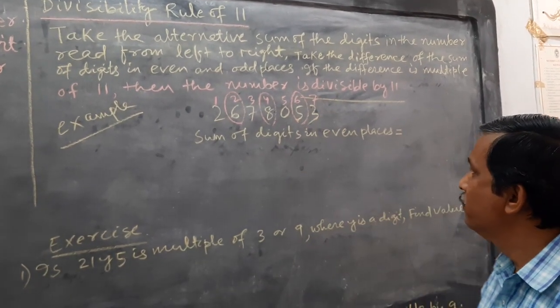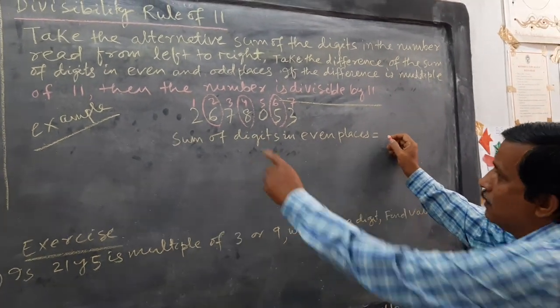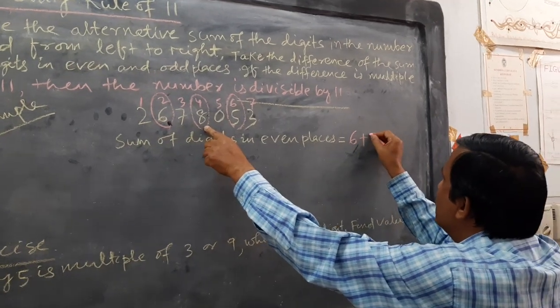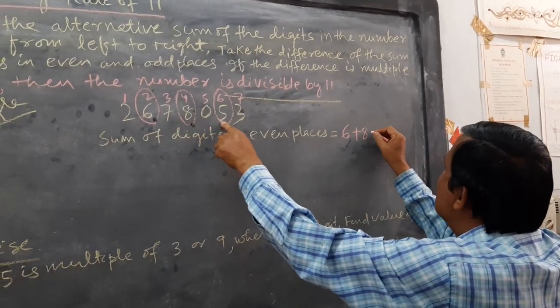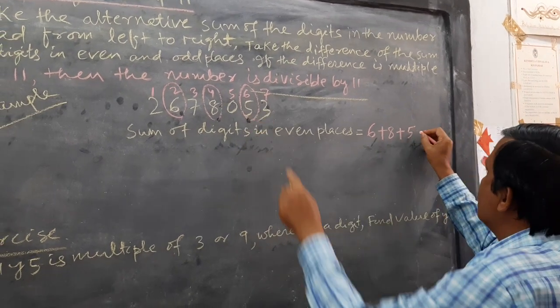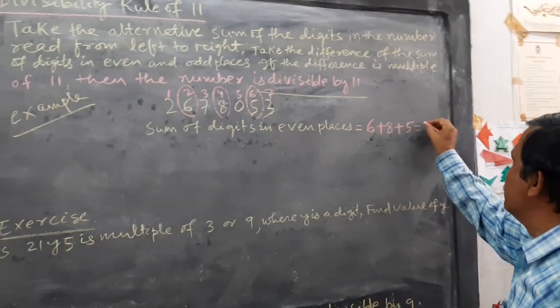So you take the sum. That is here 6, next 8, next 5. So the sum is 8 plus 6, 14 plus 5, 19.